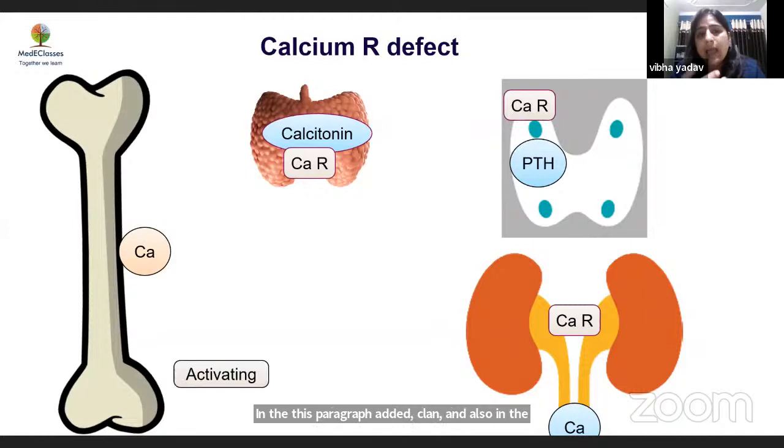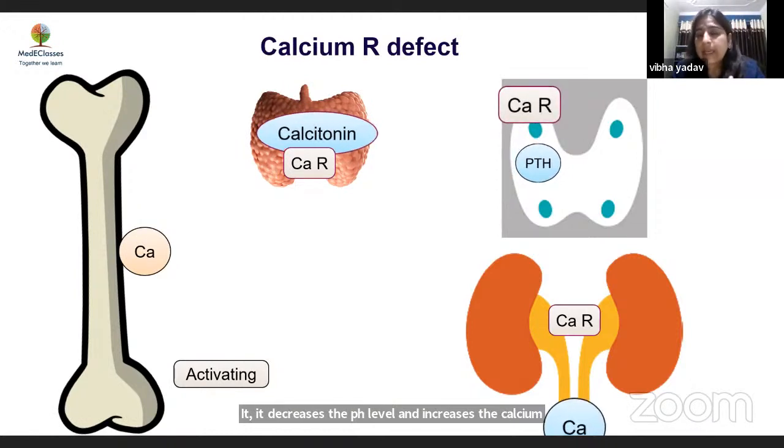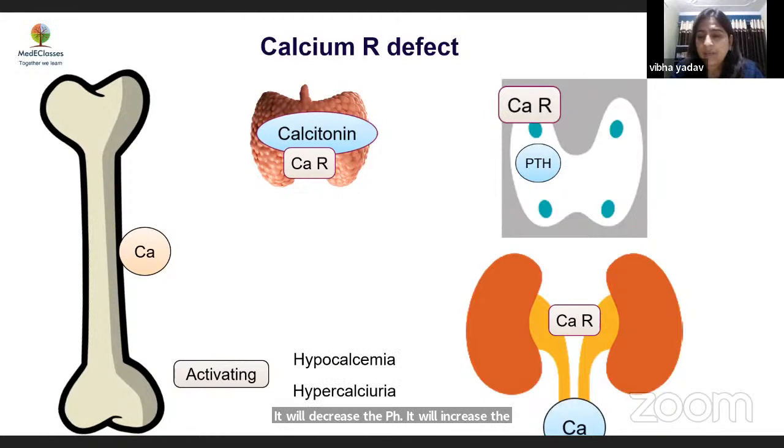But when there is an activating mutation of the calcium sensing receptor, the body senses, 'I have a lot of calcium inside me, and I want to get rid of it.' It decreases the PTH level and increases calcium excretion. So it will decrease the PTH, increase the calcitonin, and present with hypocalcemia and hypercalciuria.